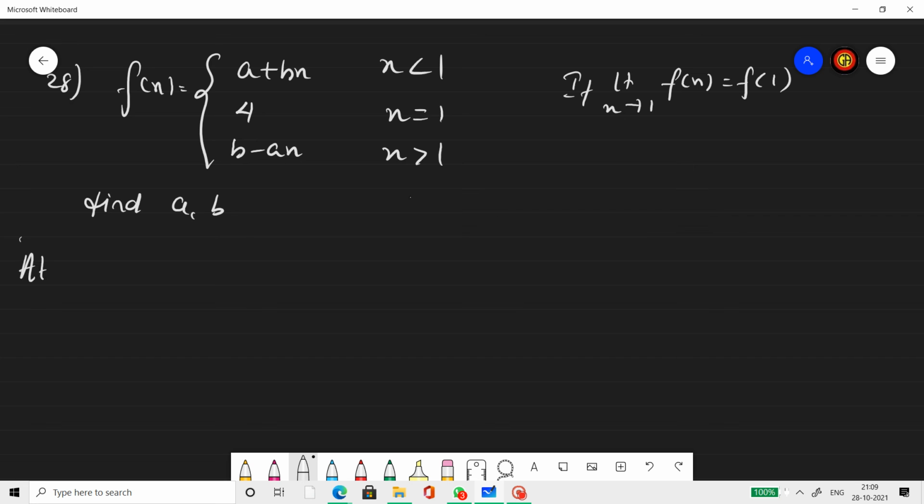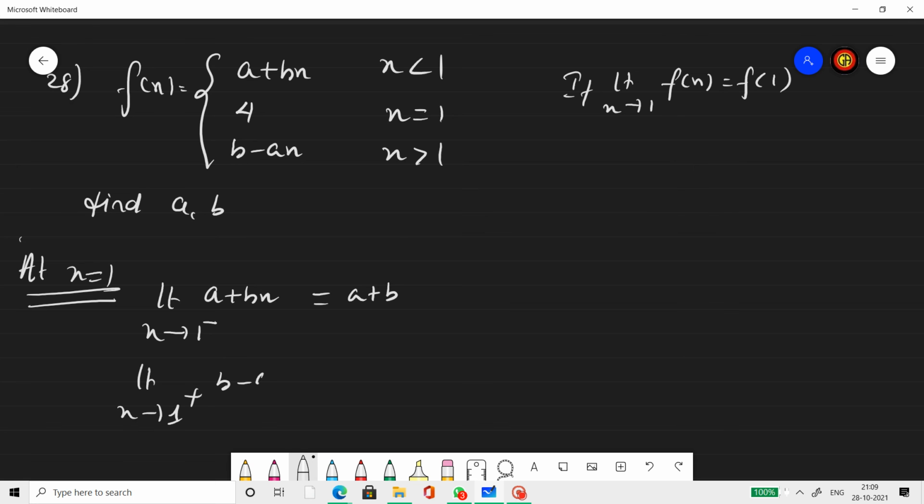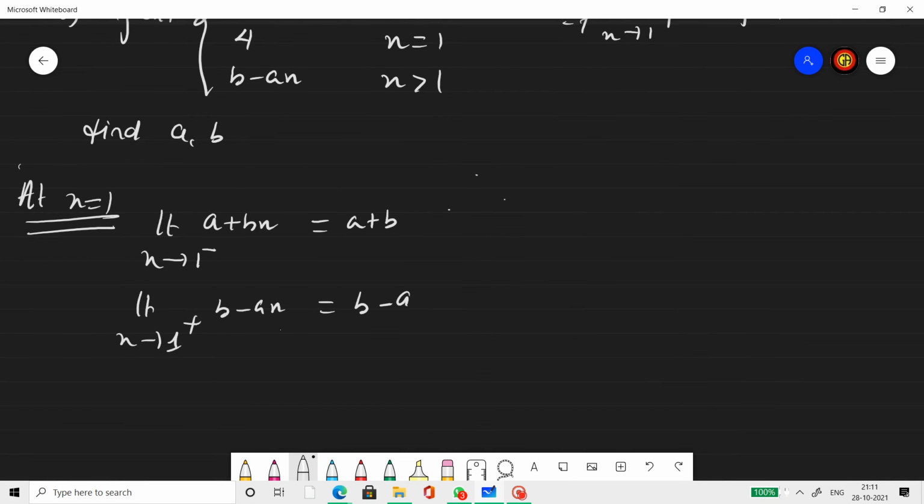So at x equals to 1, limit extending to 1 minus will be on a plus bx and the result will be a plus b. Limit extending to 1 plus will be on b minus ax and the result will be b minus a. So by LHL we get a plus b, by RHL we get b minus a.